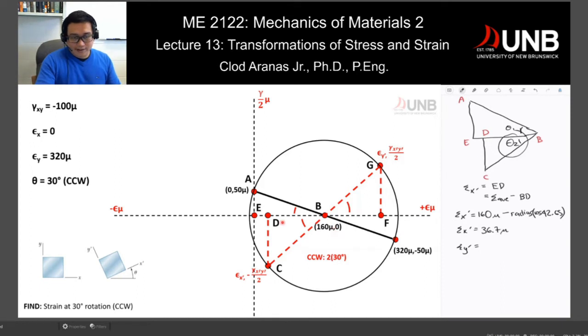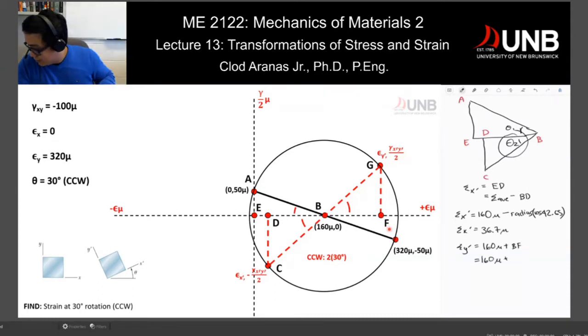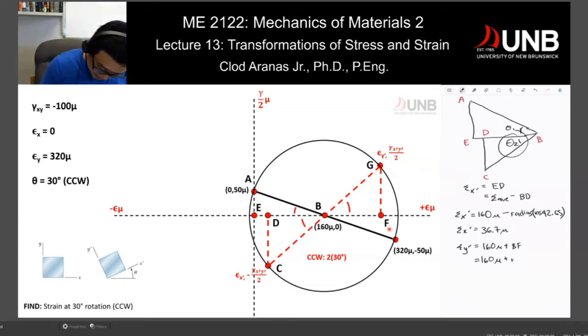For y prime, you can see that this is point F. We need the x value at this point, which is the average, 160, plus the length from B to F. So that's equal to 160 mu plus BF, and BF is equal to radius cosine 42.65.